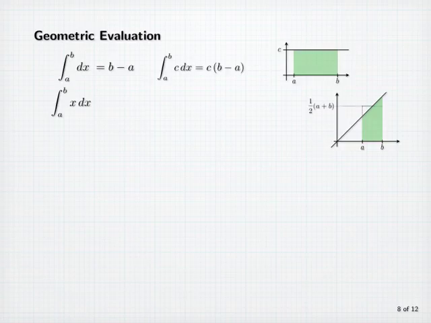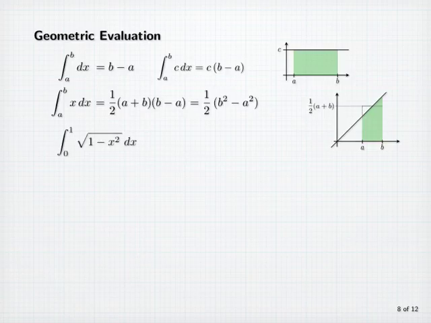That would be 1/2 of (a plus b) here, and express the area of the trapezoid as the area of the rectangle with that height and width b minus a. So we have 1/2 of (a plus b) times (b minus a), and multiplying the two factors together gives us 1/2 of (b squared minus a squared). And it turns out that this formula is valid even if a and b are negative, and also if a is negative and b is positive.